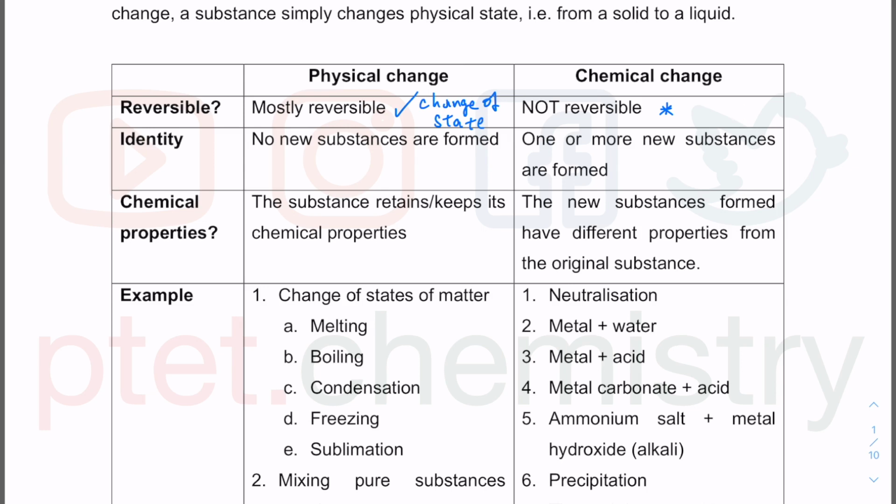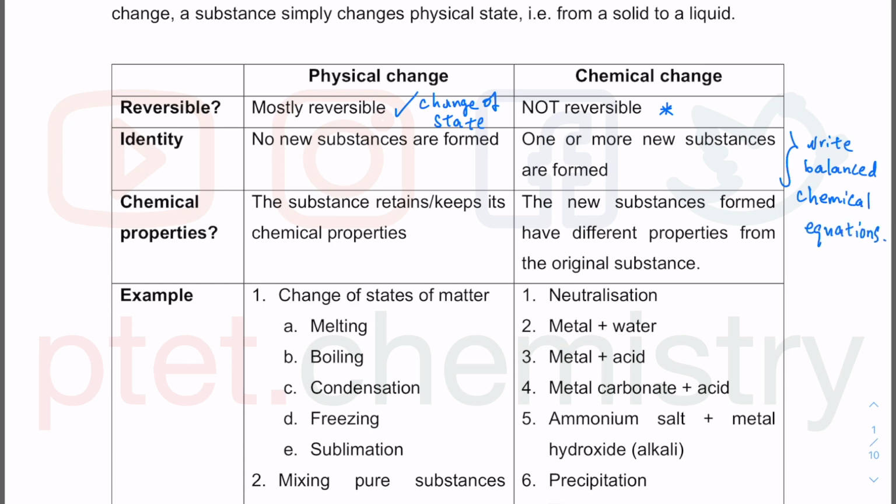In terms of identity, you don't form new substances, there's no change in chemical compositions, but you do actually form one or more new substances in a chemical change. As you know, you write chemical equations, you write balanced chemical equations because whatever you do in chemistry, every single equation that you write must be balanced.